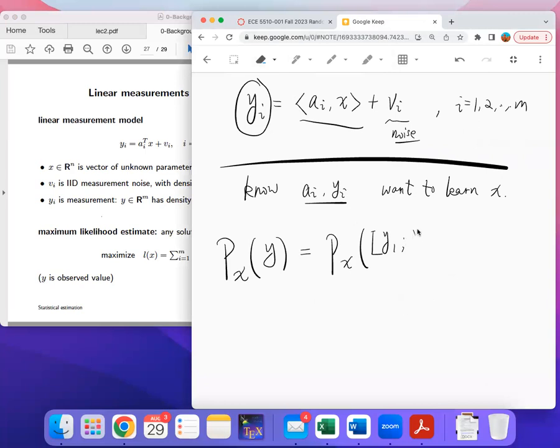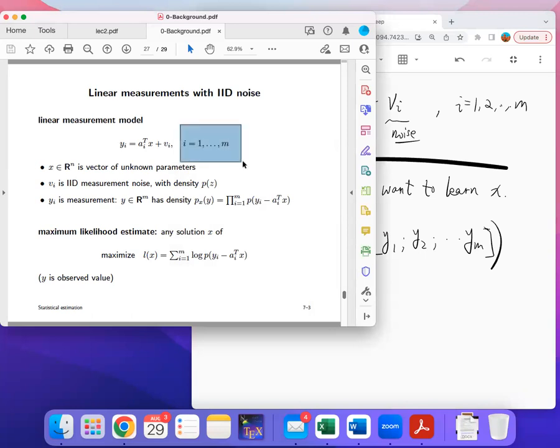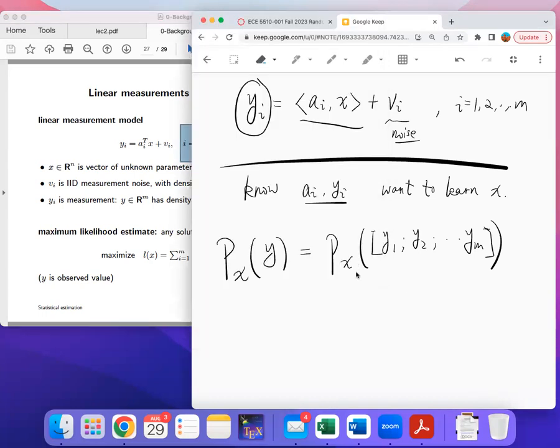Okay, y1, y2, up to ym. Right, we have m of these linear equations. So we have m observations, y1 to ym. So I'm looking at what is the probability of observing these observations.